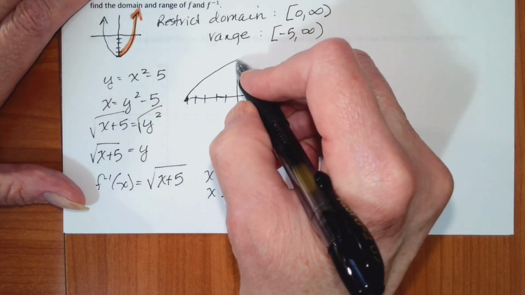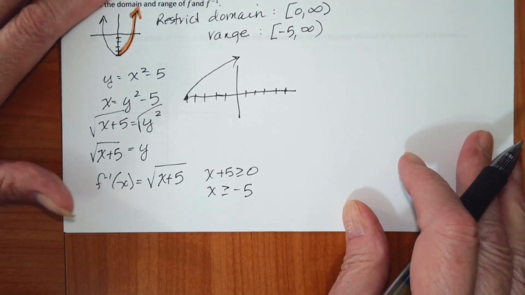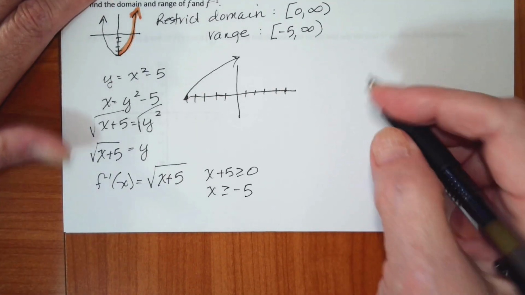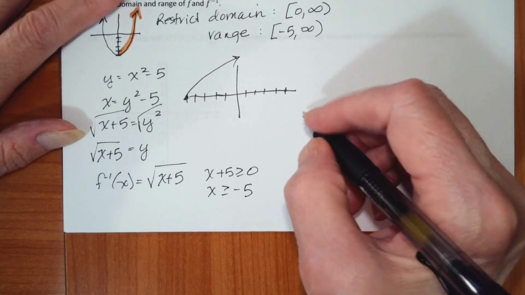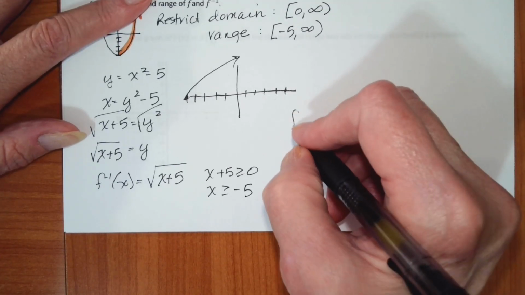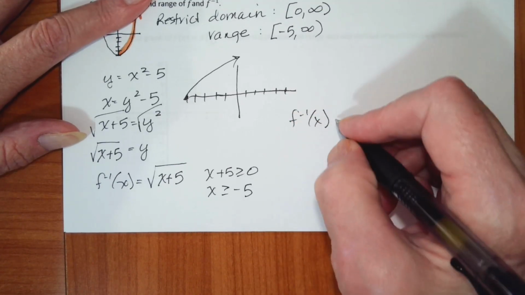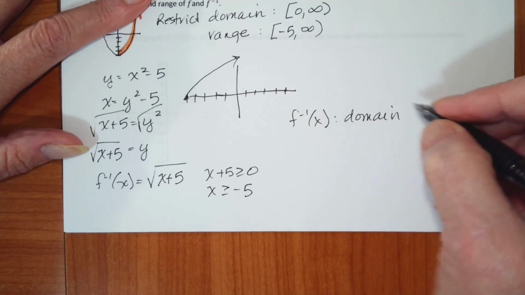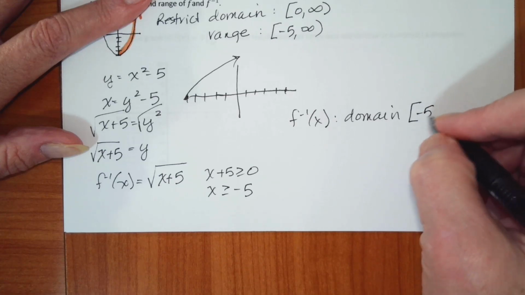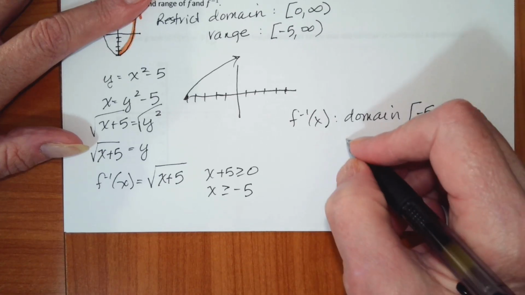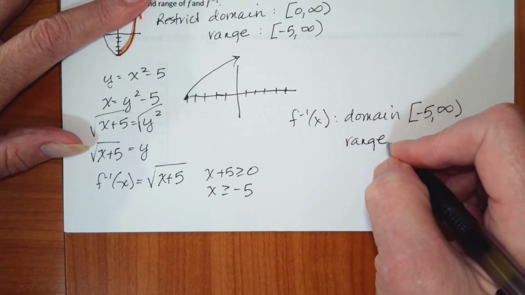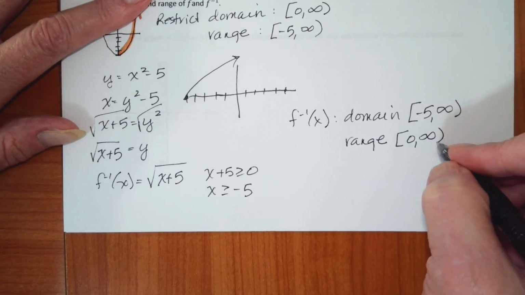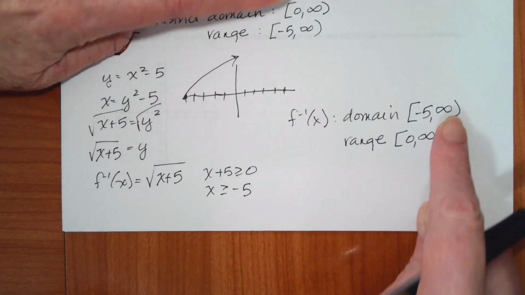And then it goes like this. Okay, and again, that's a really rough sketch. Okay, so for f inverse of x, the domain is -5 to infinity, and the range is 0 to infinity. And again, it matches up.